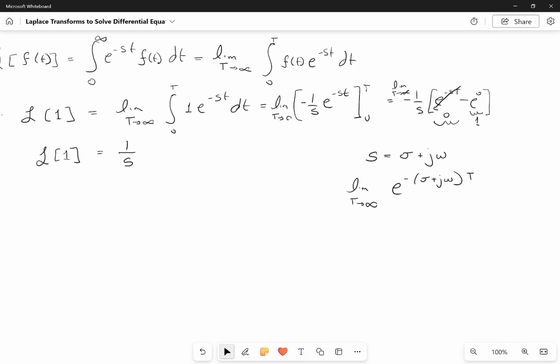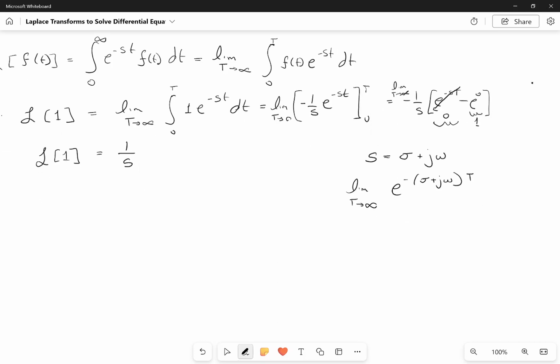The term we're looking at is the one we said goes to 0. So we have the limit as t goes to infinity of e to the negative sigma t times e to the negative j omega t.